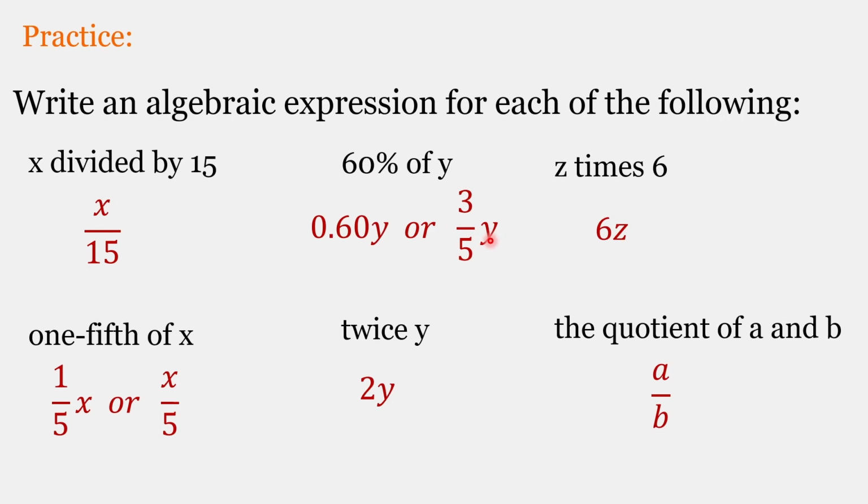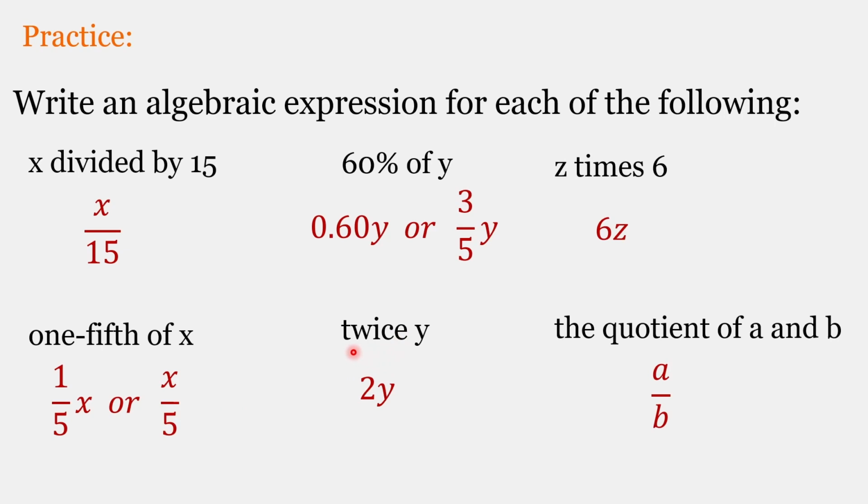So you get 3/5 y. Z times 6. And then we'll just put it in the more conventional order where you have the coefficient in front of the variable. 1/5 of x. Again, we can write it in either form, either 1/5 x or dividing by 5, x divided by 5.